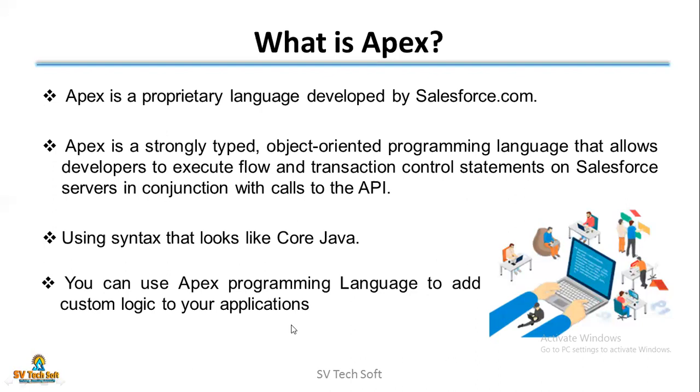What can we do by using Apex? You can use the Apex programming language to add custom logic to your application. Whatever you want to do in your particular application, you can do everything through Apex.